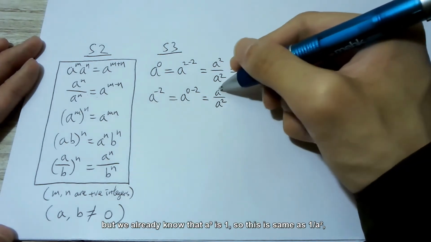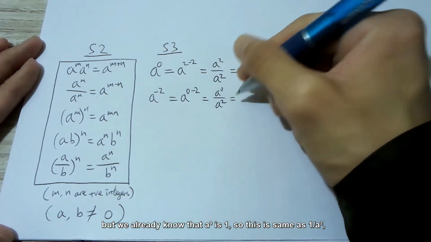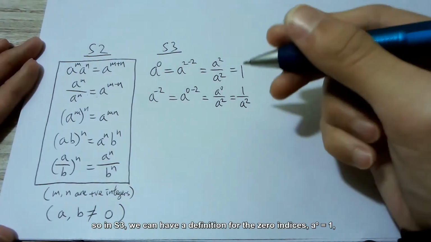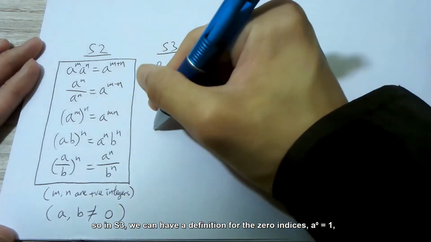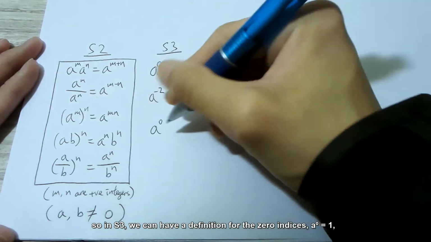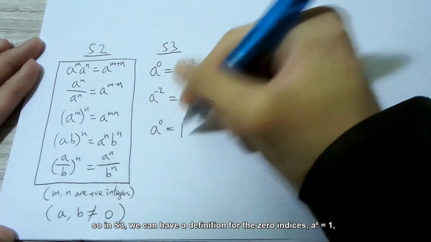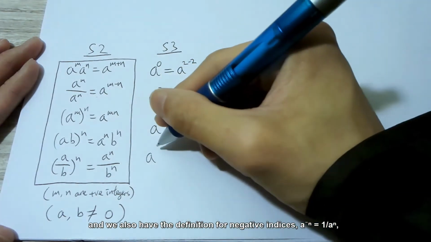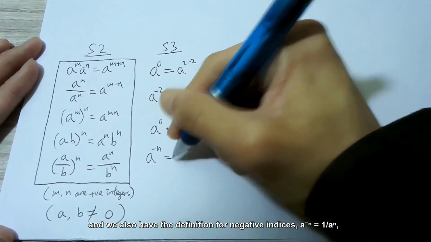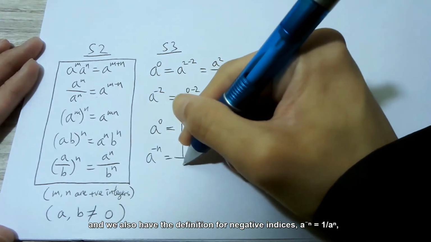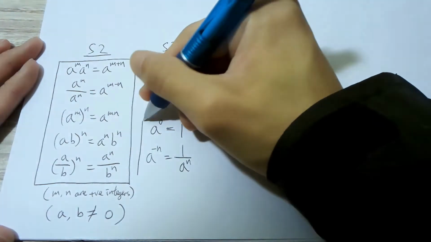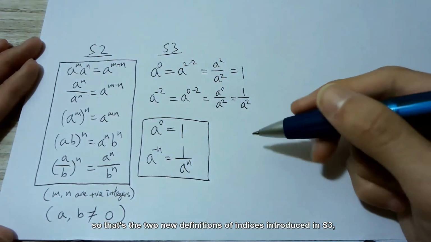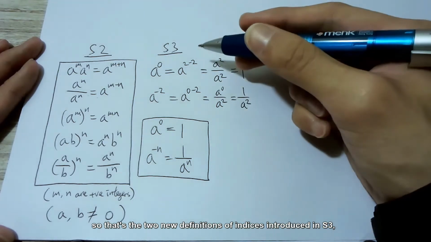But we already know that a to the power 0 is 1, so this is the same as 1 over a to the power 2. So in S3, we have a definition for the 0 indices: a to the power 0 is equal to 1. And we also have the definition for negative indices: a to the power minus n is equal to 1 over a to the power n. So those are the two new definitions of indices introduced in S3.